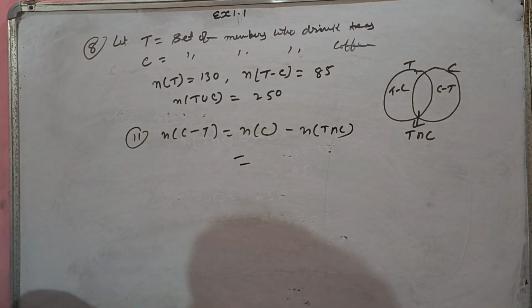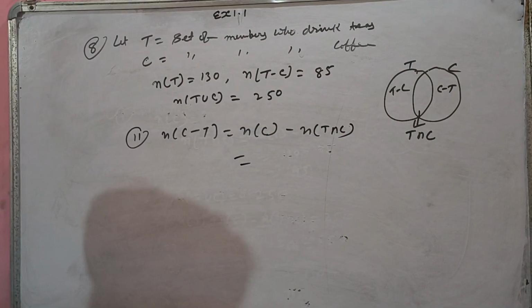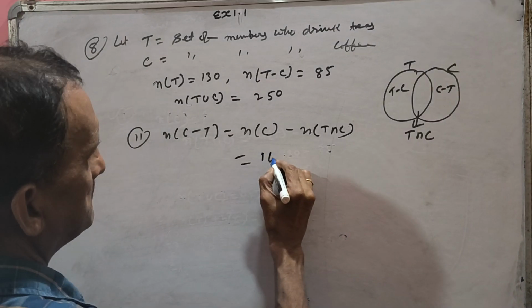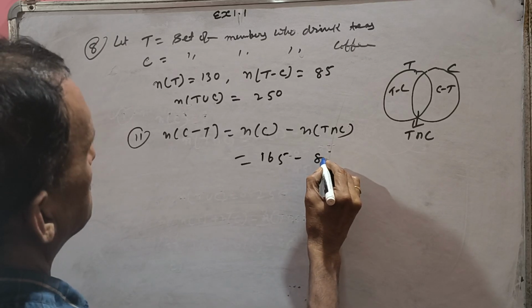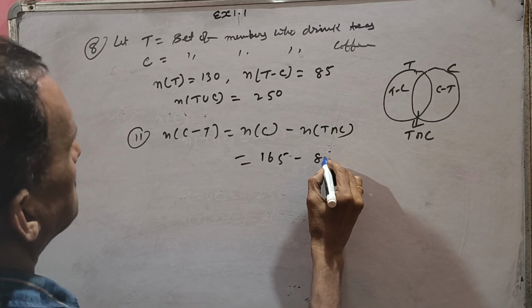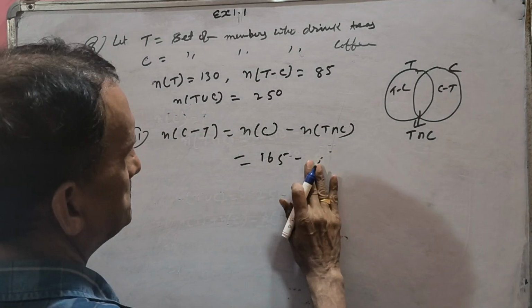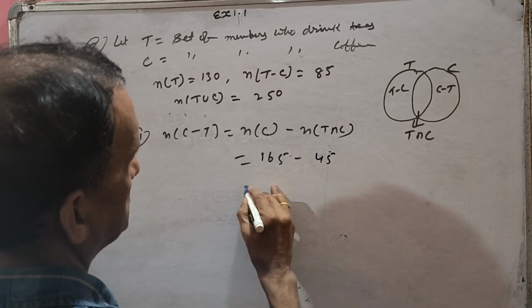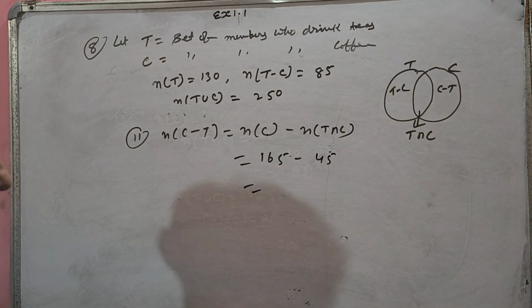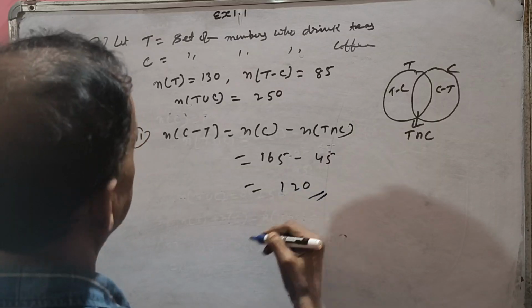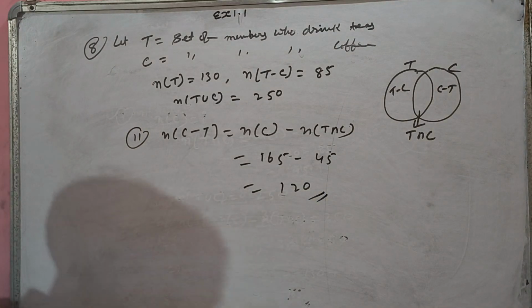N(C) we have calculated now only. How much did we get? 165 minus N(T intersection C) also calculated, 45. Then subtract, you will get 120. This is the answer, number 2.